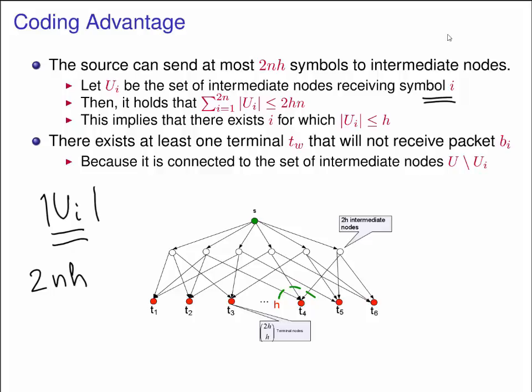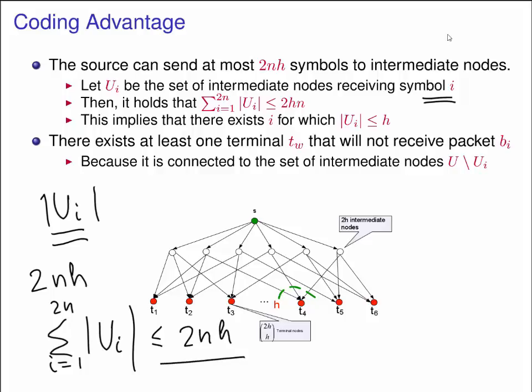Therefore, if we sum this up over all packets, the sum of those sizes of ui over all packets that we're sending, from 1 to 2n, will be less than or equal to 2 times n times h. Now, from an averaging argument, this implies that there exists some value of i for which the size of ui is at most h.